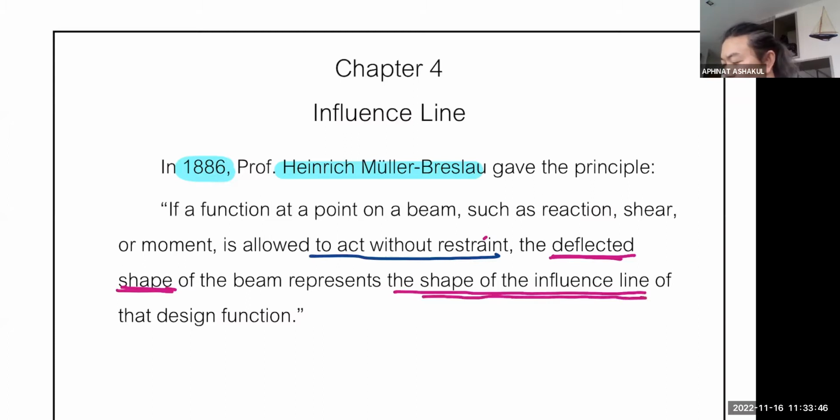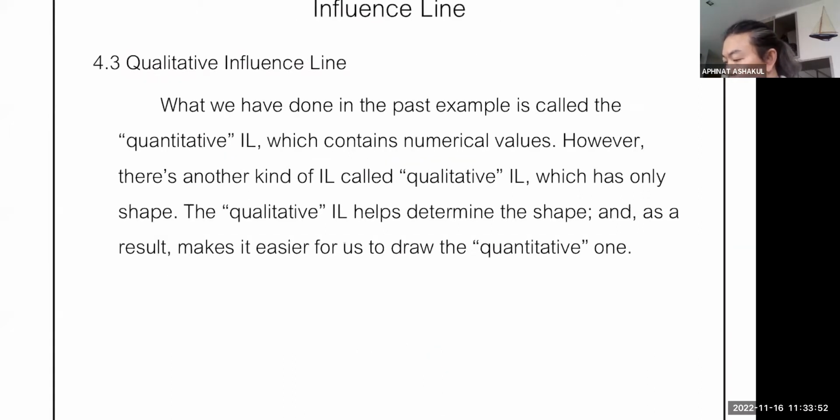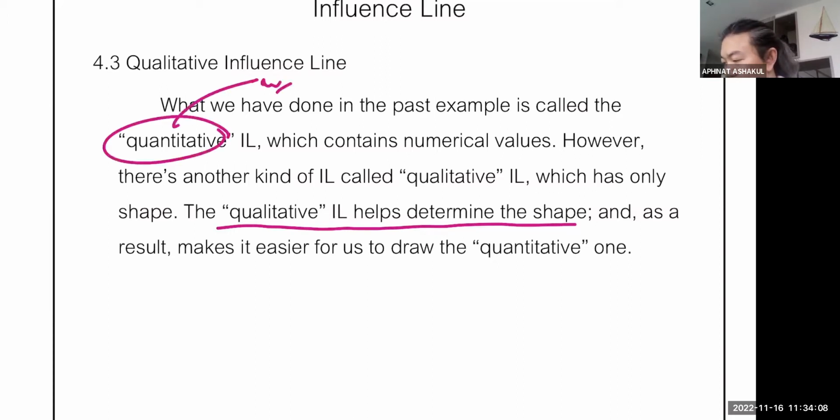When we talk about the shape, we call it a qualitative influence line. We will know the shape, but not the magnitude. The shape and the magnitude together is called quantitative. Qualitative here is just the shape.